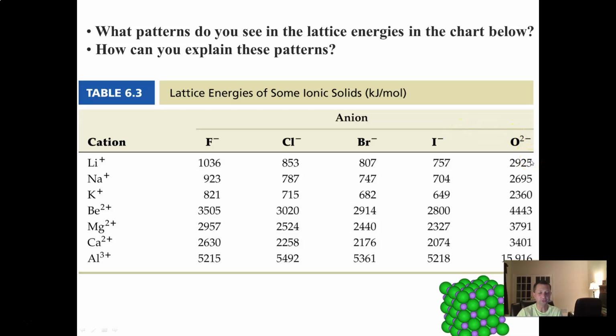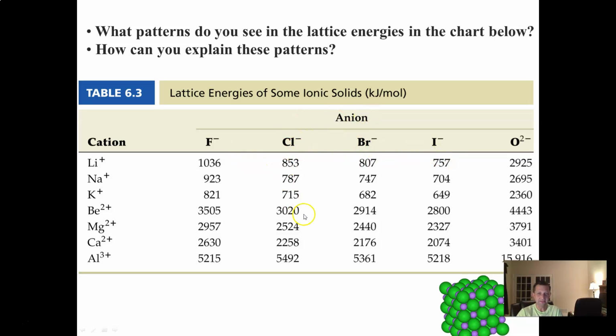Charge definitely has an impact. But the charge here is all the same, so what's different? The size is different. Fluorine is in level 2, chlorine's in level 3, bromine level 4, iodine level 5. So as the size differs, so does the lattice energy.